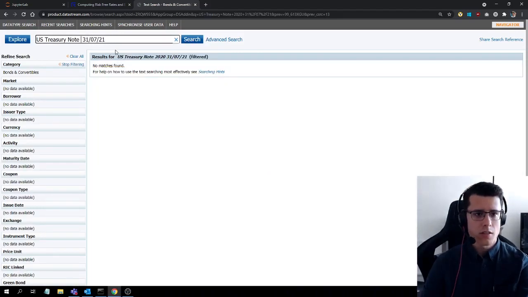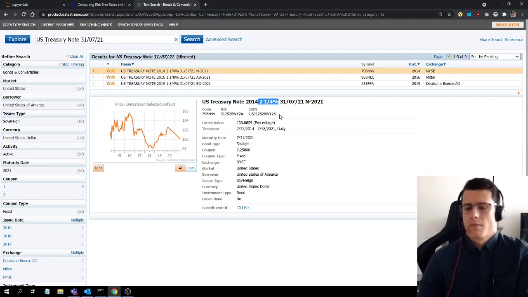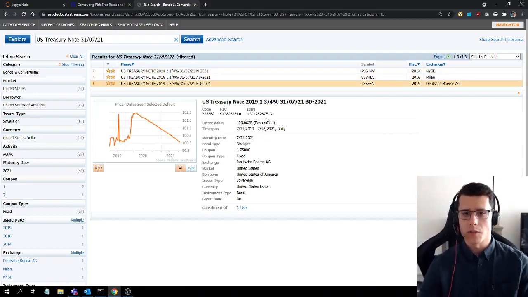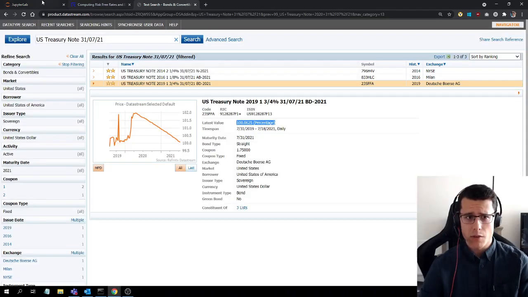Let's go like this instead. There we go. So this is a US Treasury note, 2021 to 2014. That's another 5-year one. So there you go. You got a 5-year one with a 2.25% coupon rate. You can find all the coupons in there, and these are all secondary market ones. So you can actually go in the market and buy them with a price that changes every day. So that's how I found the one I was looking for.